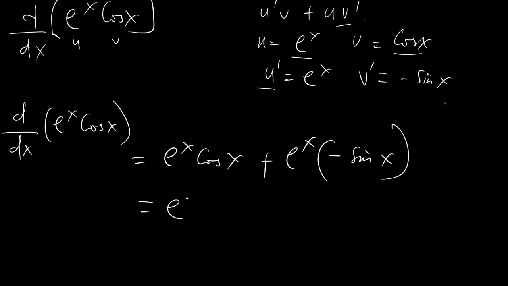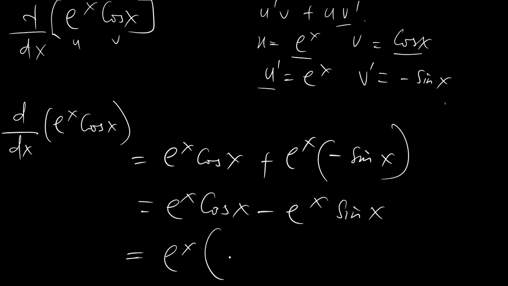So this will give you e^x cos x minus e^x sin x. So e^x is common, we'll just factor it out. So now this is the final answer to this problem.